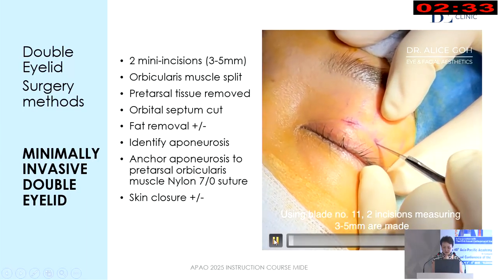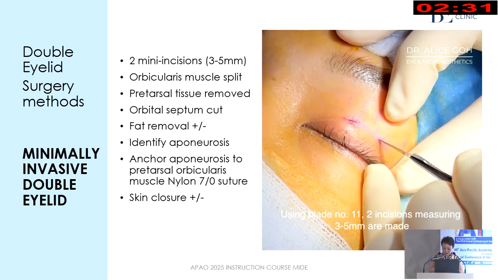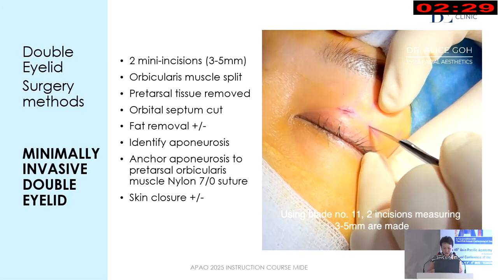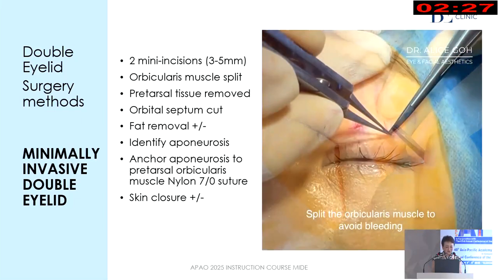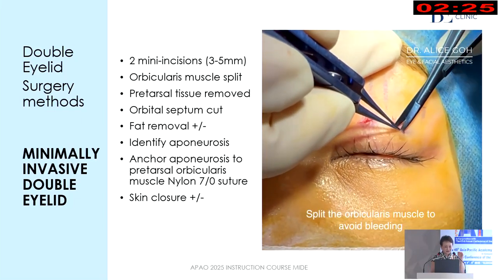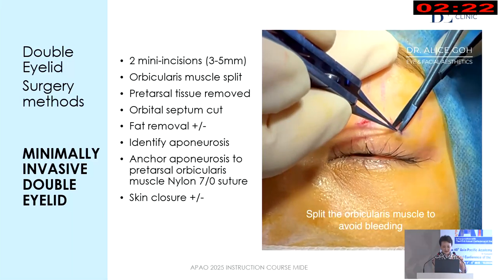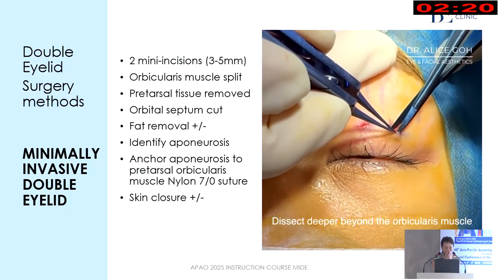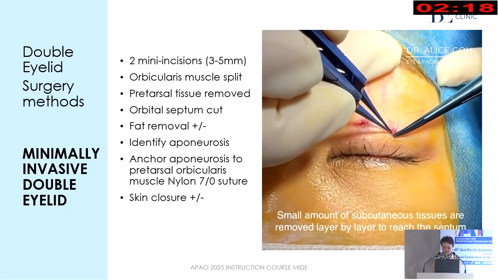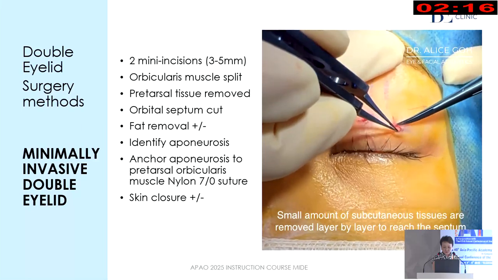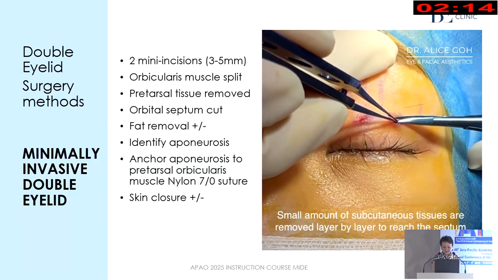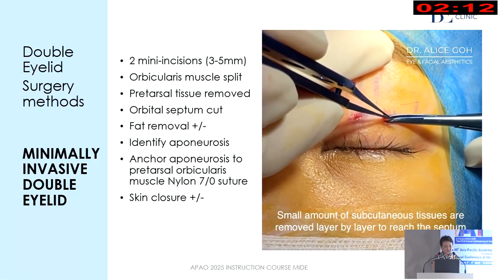Two skin incisions measuring 3 to 5 millimeters are made using blade number 11. Okay, maybe you can increase the volume a little bit. Split the orbicularis muscle to avoid bleeding. Now dissect beyond the orbicularis muscle, and a small amount of subcutaneous tissue is removed layer by layer to reach the septum.